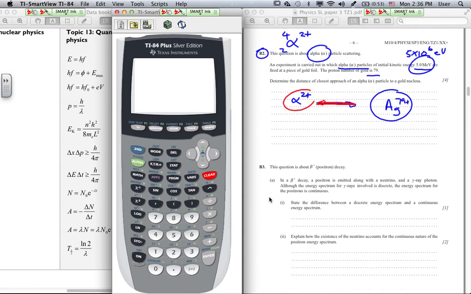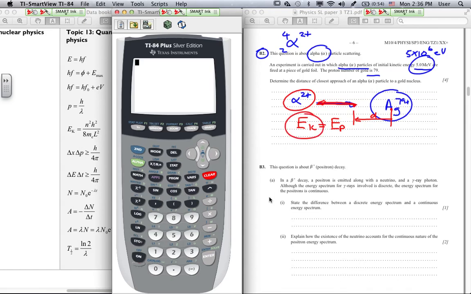These are the alpha particles that come closest to the gold nucleus. At this point, at a minimum distance d, your Ek equals your potential energy. At a certain point it actually stops, and the kinetic energy has become potential energy, and then they shoot back, and that is converted back into kinetic energy.